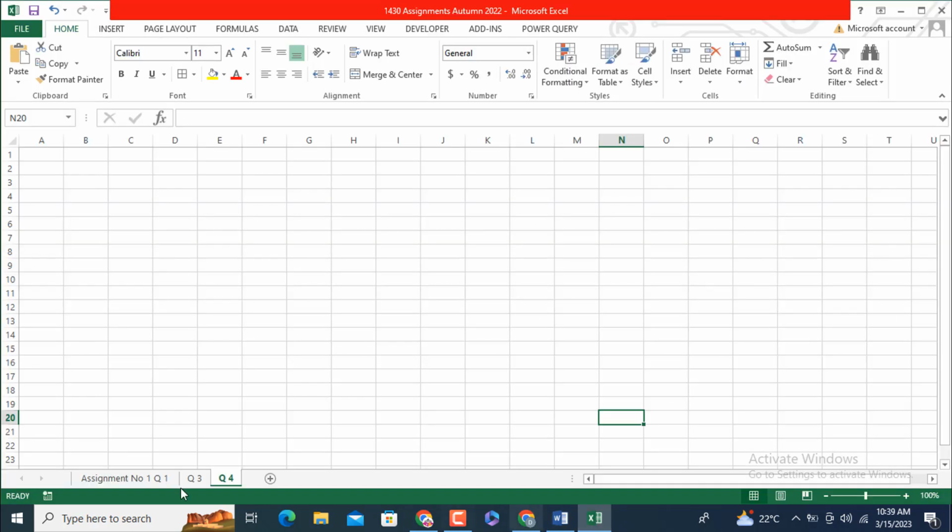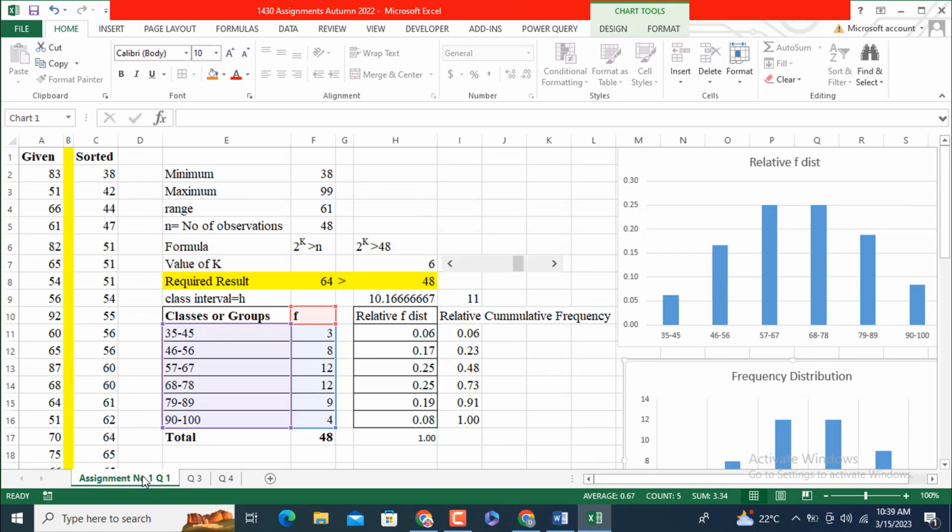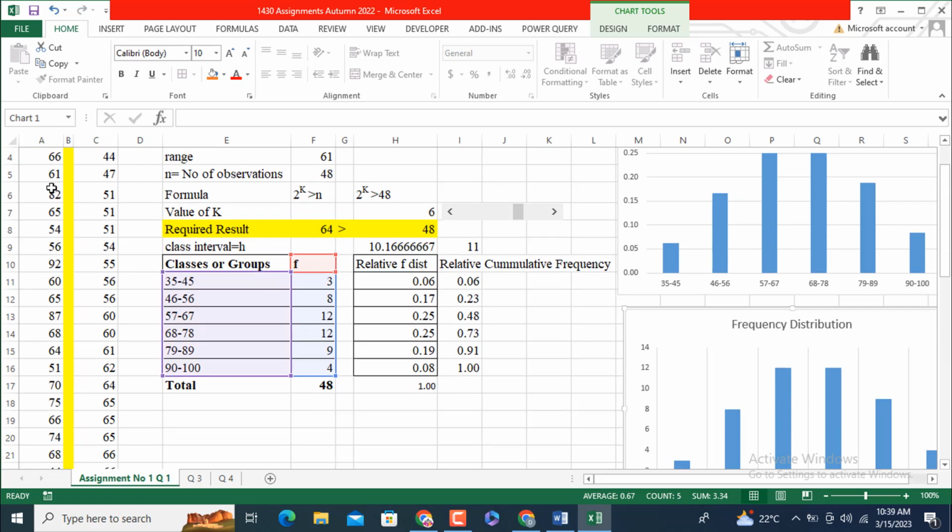Here is the solution. This is question number 2. Look at this: I have taken the data here as it is given in the statement, but it is not in array or range form.